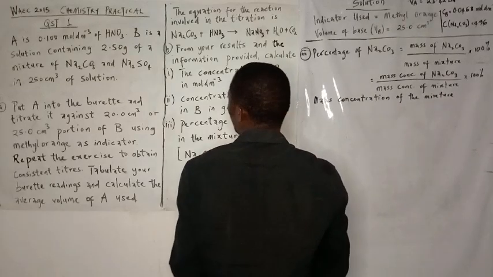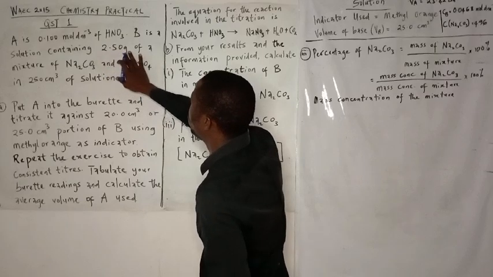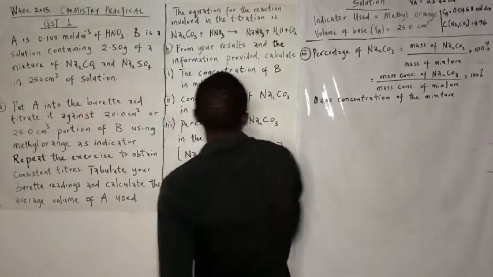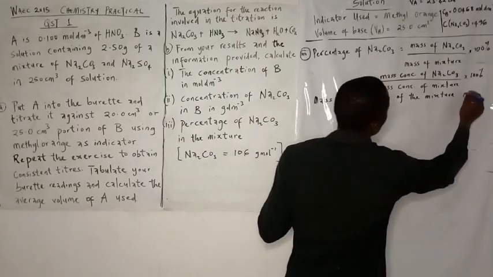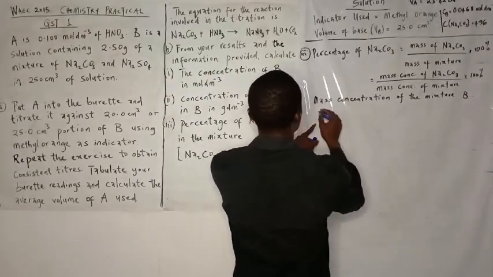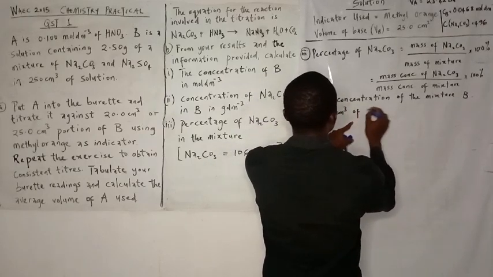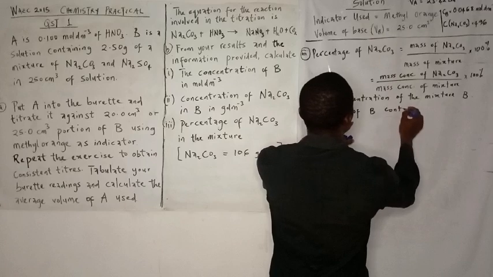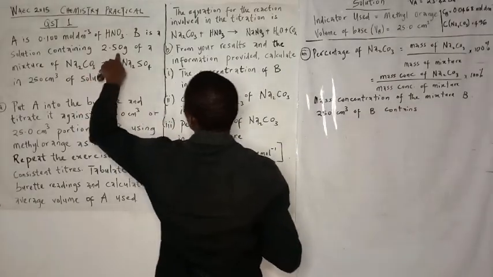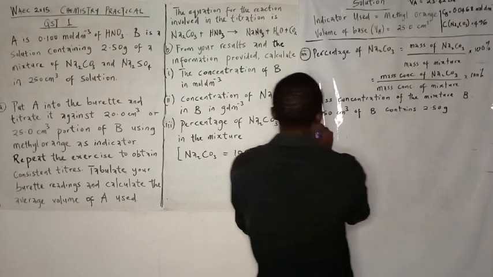So we look at the question. It says B is a solution containing 2.5 grams of a mixture of this in 250 cm cube. So the mass concentration of the mixture B is what we are looking for. So we say that 250 cm cube of B contains 2.50 grams.